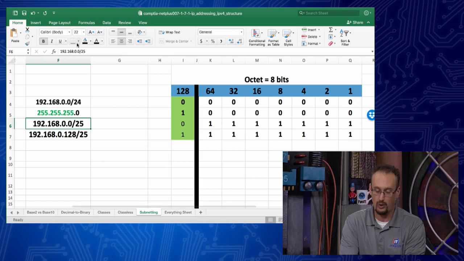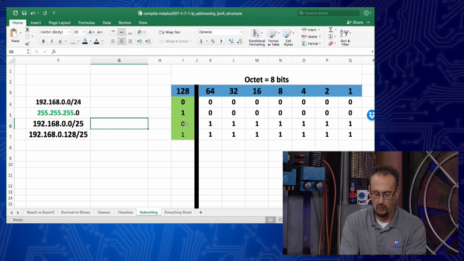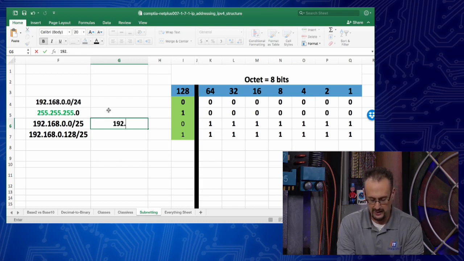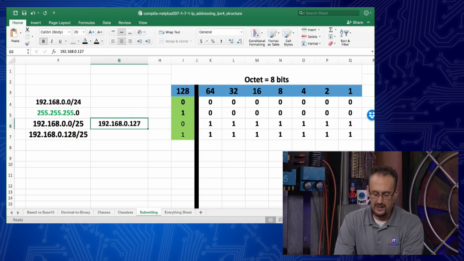Well, the broadcast address is going to be that number that is all 1s in the host portion. What is this number taken out of the binary and put into decimal? Well, it is 192.168.0.127. So that becomes the broadcast ID.